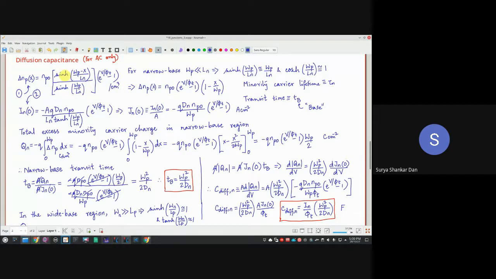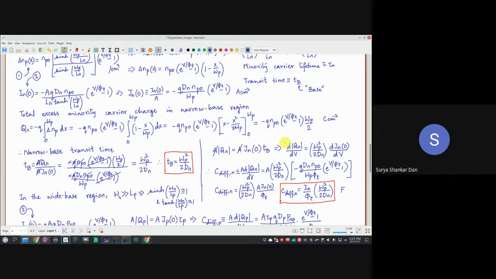In the numerator, Wp itself is much smaller than Ln, so Wp minus x will be even smaller than Ln. So in the numerator you will be left with Wp minus x by Ln. Denominator Wp by Ln. Ln cancels, and you are left with only 1 minus x by Wp. So this is what I have put here. Cool. Then once we do the integration, you are left with this final expression, unit coulomb per centimeter square, as the excess minority carrier charge in the narrow base region.